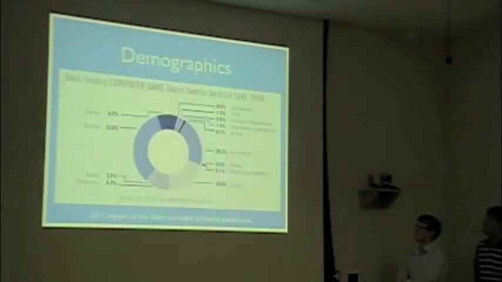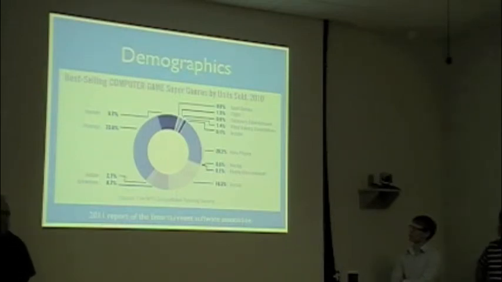So, how to do that? Well, we look at the demographics to see what type of game you should make in order to be successful. The largest genre, and this is the 2011 report of the Entertainment Software Association, which is about 2010, the biggest genre was the strategy genre. A third of the market is in strategy games. The second one is role playing, and the rest is casual, tons of different things.